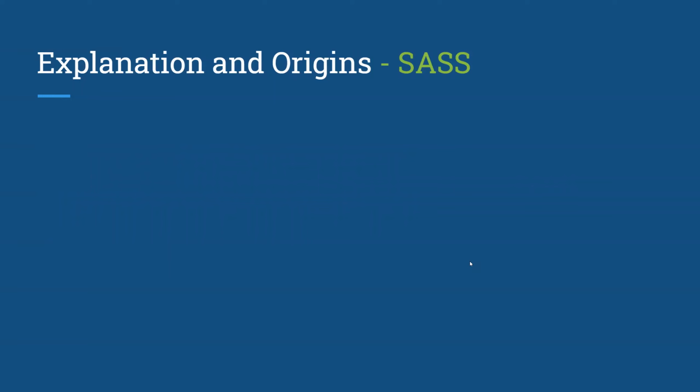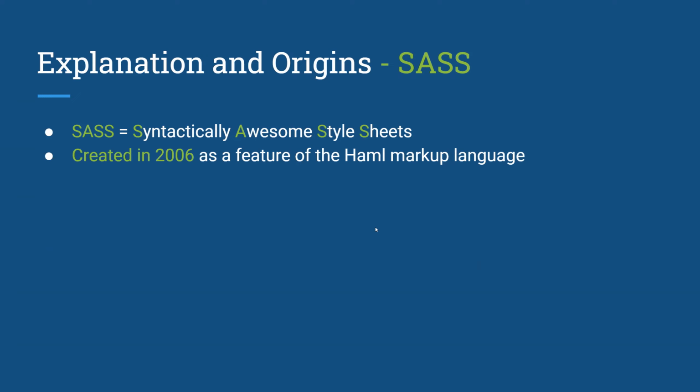So let's talk about Sass. Sass stands for Syntactically Awesome Style Sheets. It was created in 2006 as a feature of the Haml markup language, which is kind of an interesting fact. Basically, it's CSS on steroids.